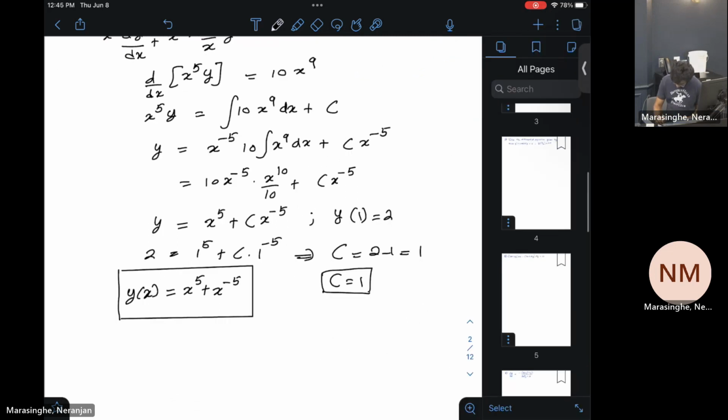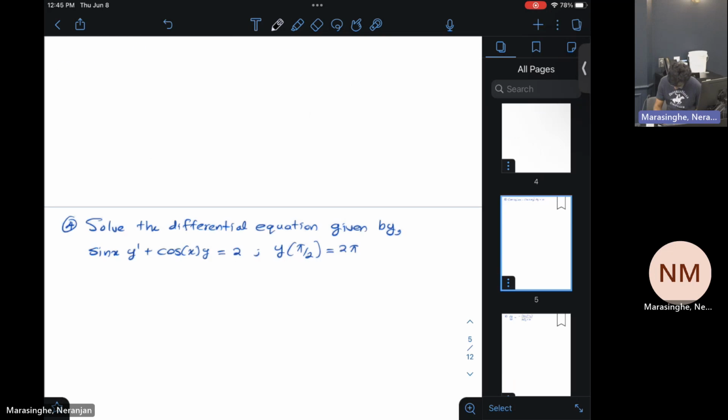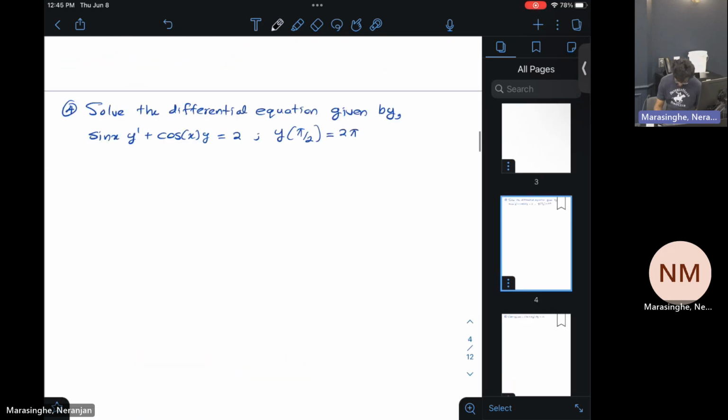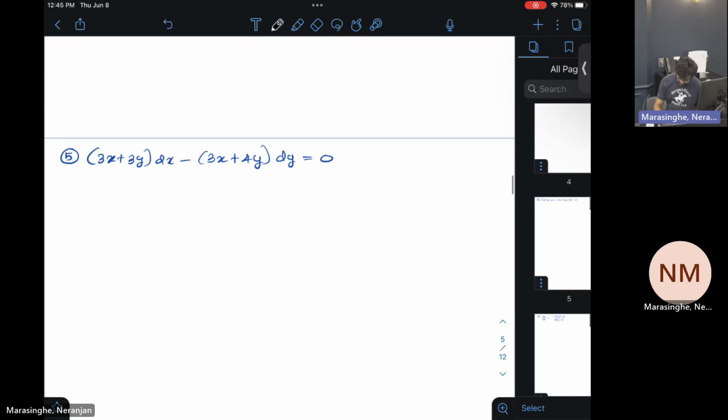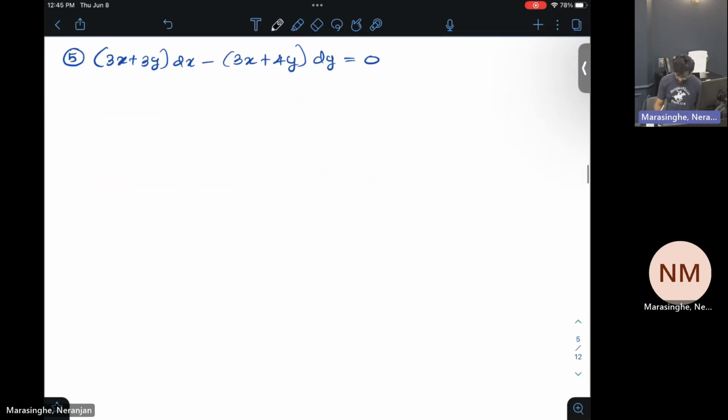Let's do some problems related to exact differential equations. Let's do this one first. Check whether this is an exact equation or not. I would replace this plus sign by a minus sign, right?